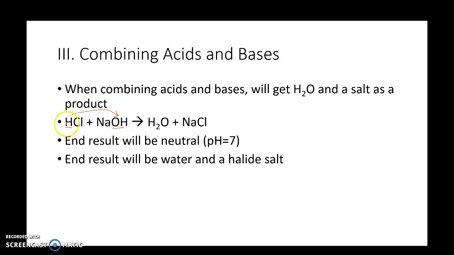And so if it's HOH, that is the exact same thing as H2O. And then your other reactants will come together to create some sort of halide salt. Okay, so just a salt with a halide in it. And your end result will be neutral, so the pH will be 7.